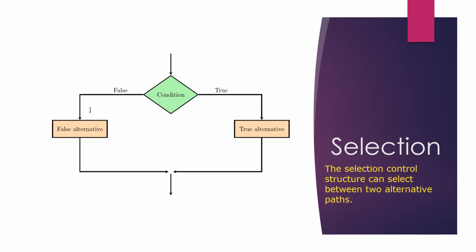So that's why I said the selection is between two alternative paths. So let's draw this one, write selection and this description, and then can you draw this one?